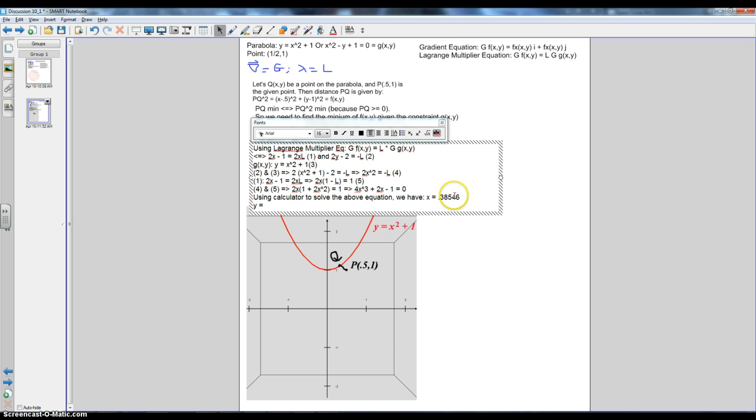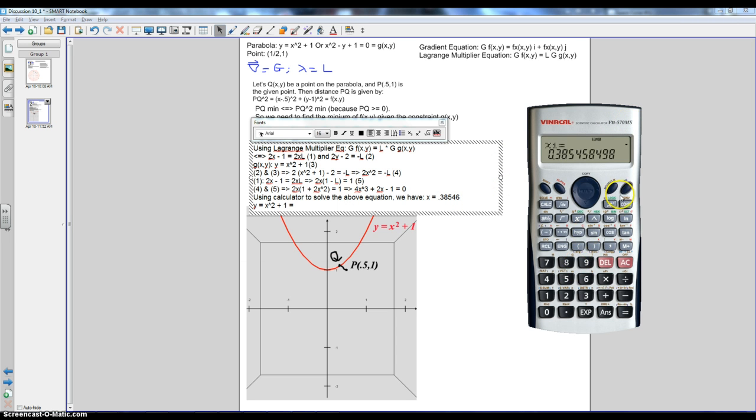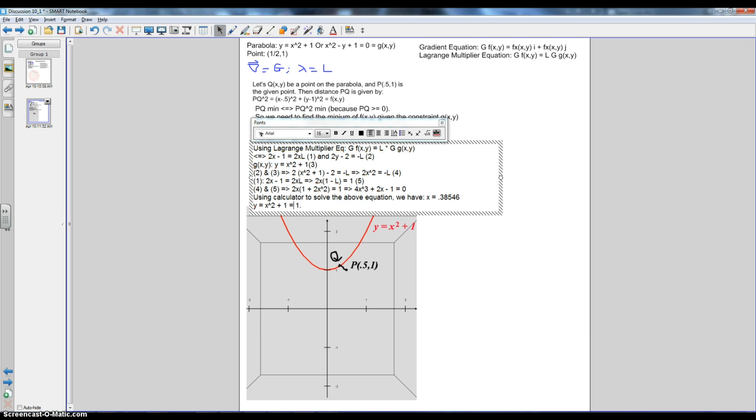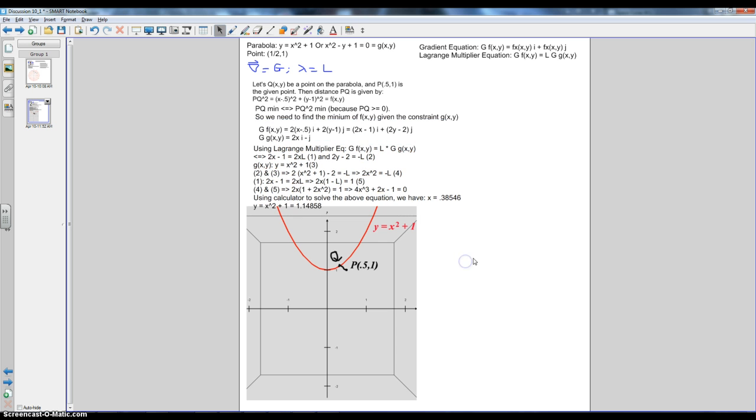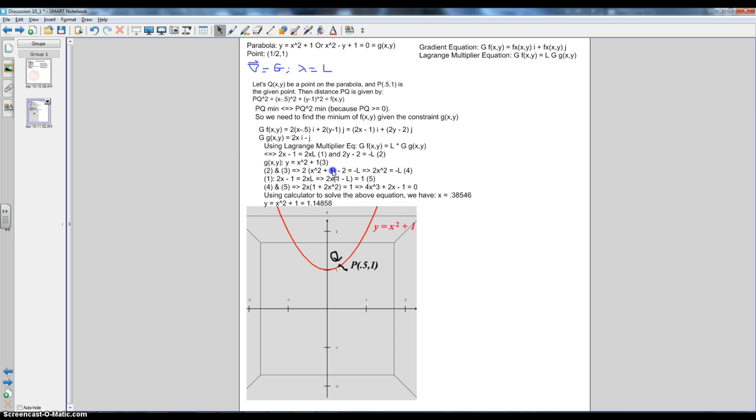So y is going to equal x squared plus 1, which is 0.38546 squared plus 1, equal 1.14858. From that we have the x and y values.